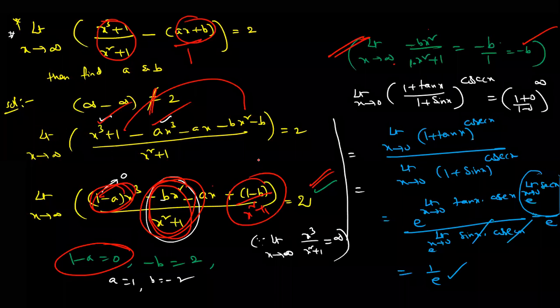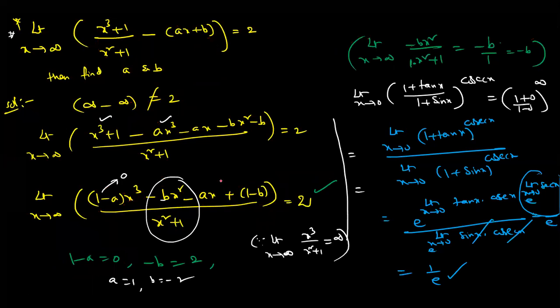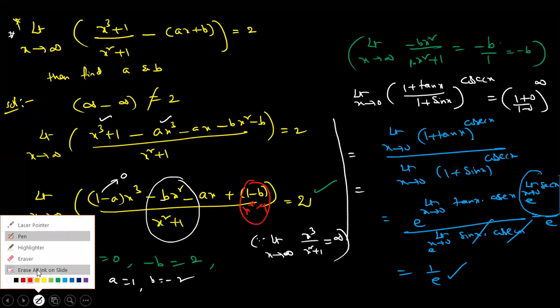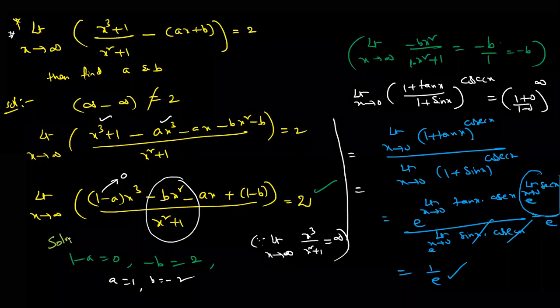This is how much? 0. That's why, solving these equations, we get a is equal to 1 and b is equal to minus 2.